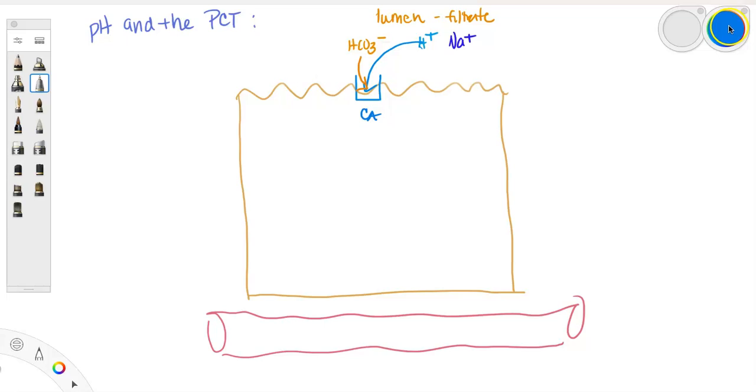And then from that you get CO2 plus water. All right, so the CO2, the water, of course, comes in, we know that, and the CO2 comes in.